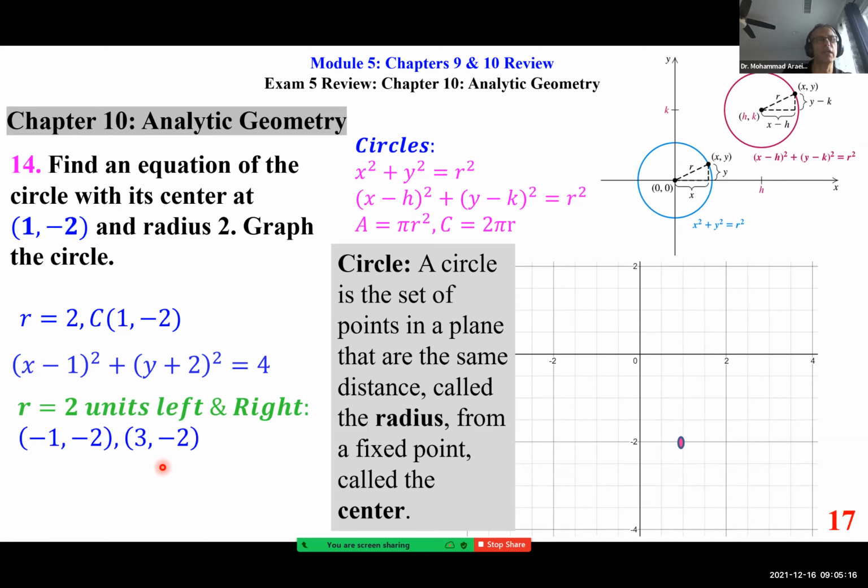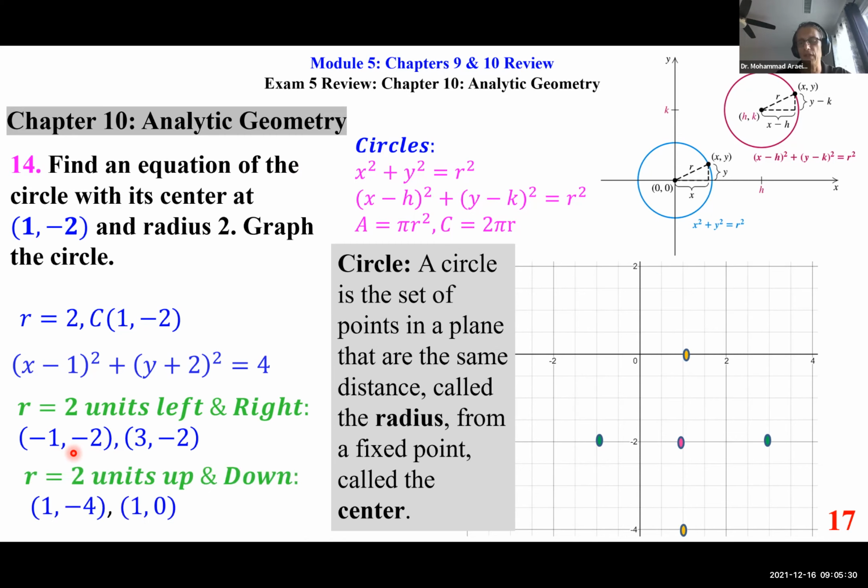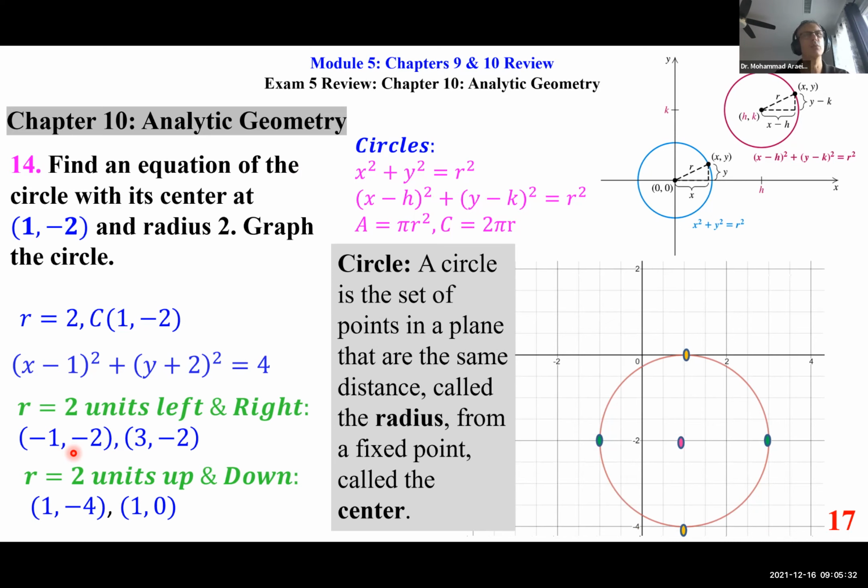Just simply put add 2 and subtract 2 from the x coordinate of the center. Now add 2 and subtract 2 from the y coordinate, up and down. There you have it, and put them all together. That would be a good practice for graphing it by hand.